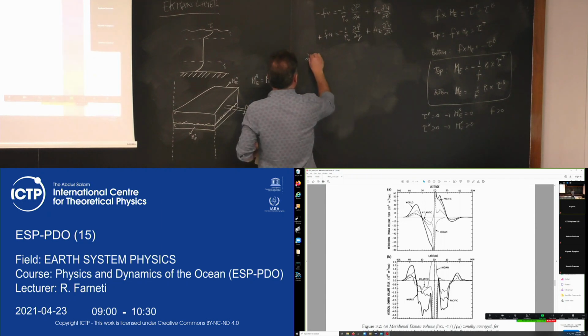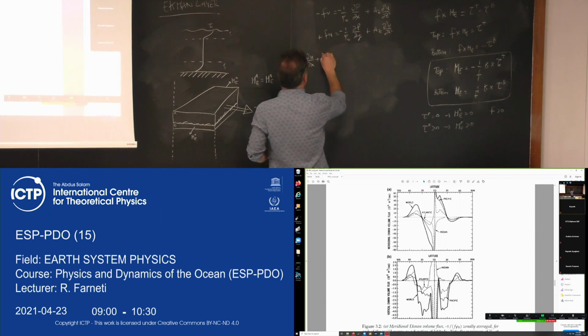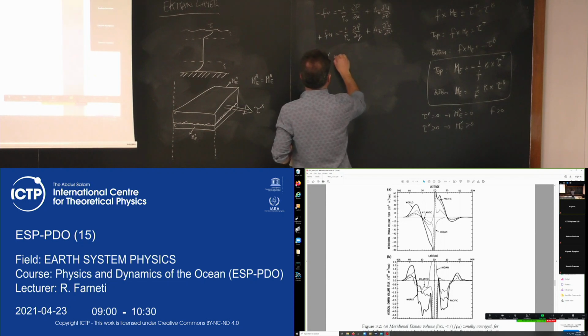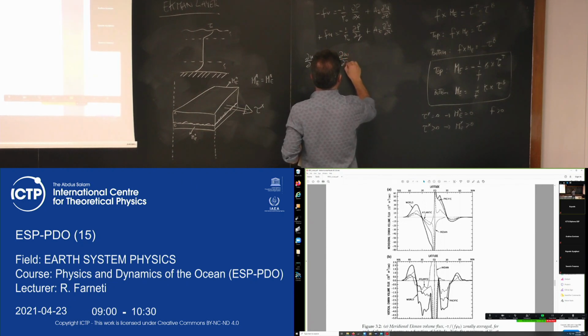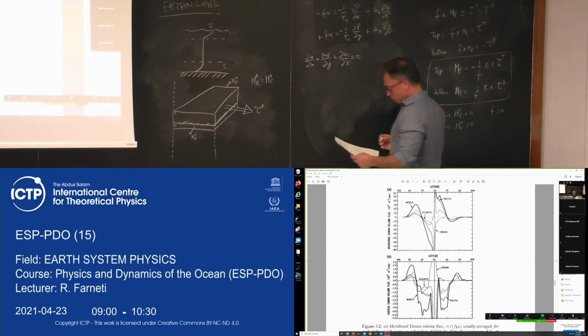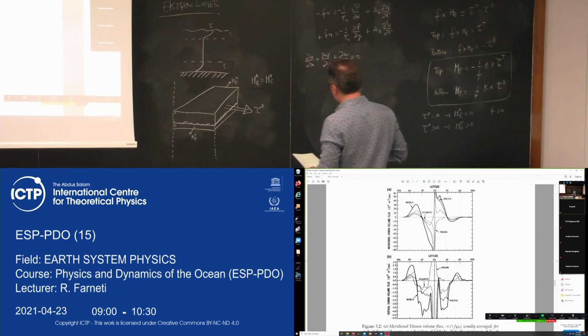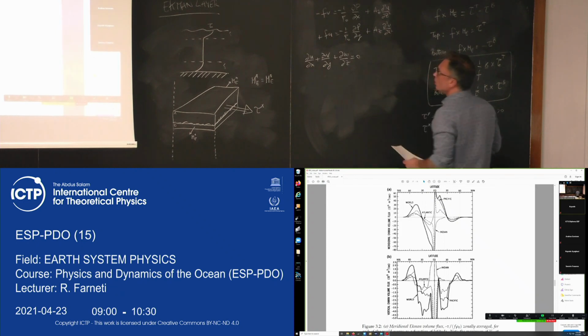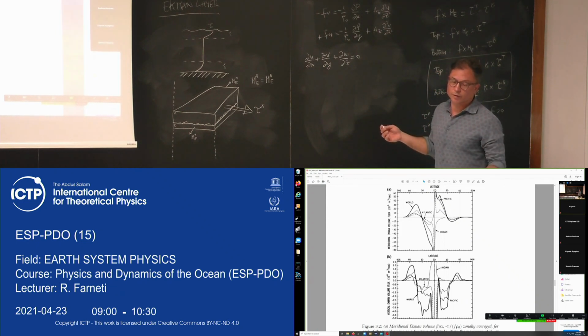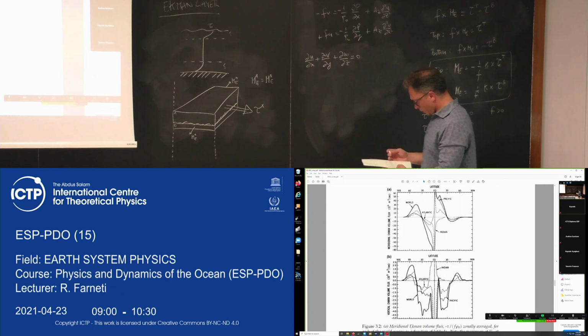Okay, so now we go back to the continuity equation. The flow is going to be non-divergent. It doesn't have to be divergent.